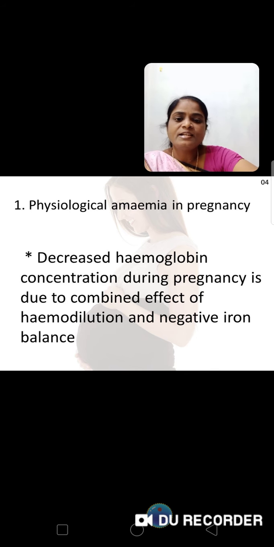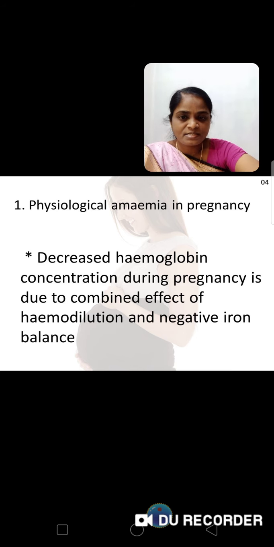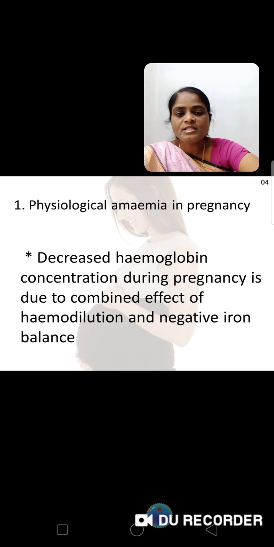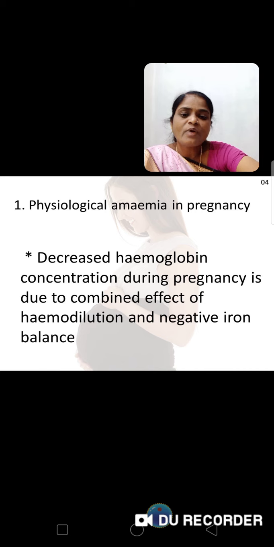Hemodilution: the decreased hemoglobin concentration during pregnancy is due to the combined effect of hemodilution and negative iron balance. In hemodilution, there is an increase in blood volume in order to meet the increasing demand of the fetal requirements, as the maternal reproductive system is developing. Also the negative iron balance.